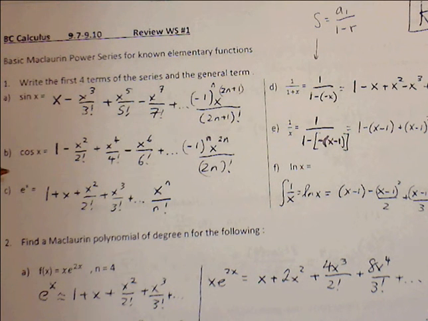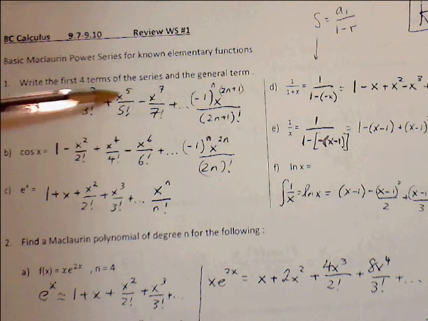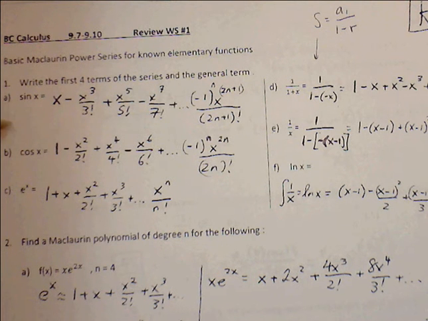e to the x is simple to create. You can think of e to the x in terms of the pattern as each of the terms of sine and cosine added together in increasing order of exponents.